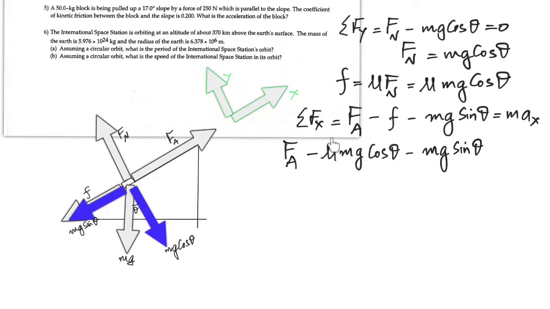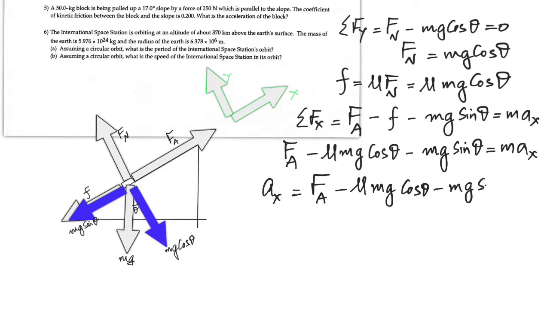So I've substituted that for friction. Get that equation. Remember, we're trying to find the acceleration of the block, so make that the subject. And we have all the quantities required to calculate the acceleration now.